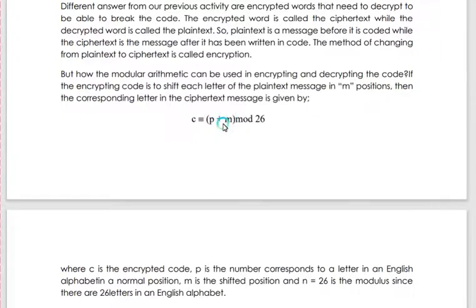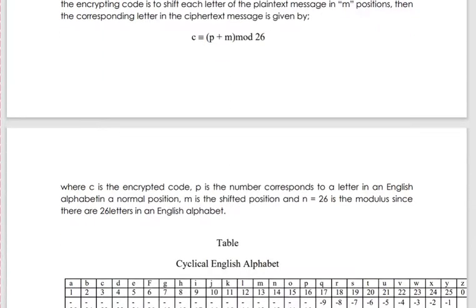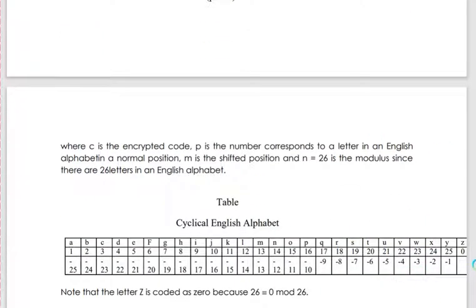M is your shifted nga position, kapila ka mag-shift. N is your mod 26, or since we have 26 letters, so that is modulo of 26. So we have 26 letters in the English alphabet. So this one, ang muningin plus star ko kagina nga representation.